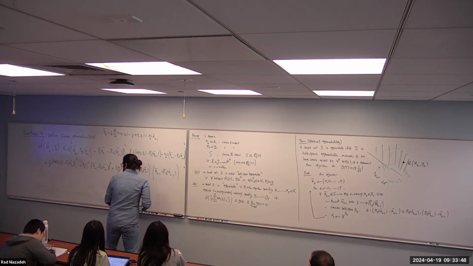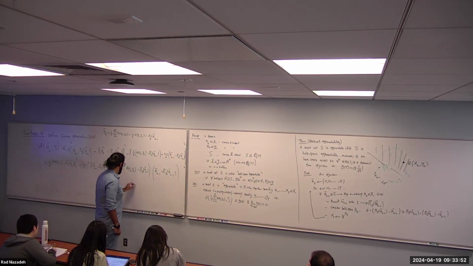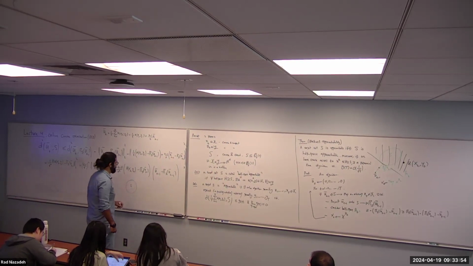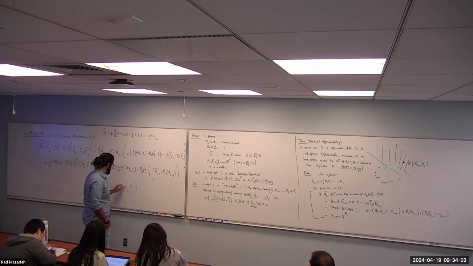And let me show you a geometric picture again. So this was S. It was u bar t minus 1. And this is my projection, pi S of u bar t minus 1. This is the tangent hyperplane.